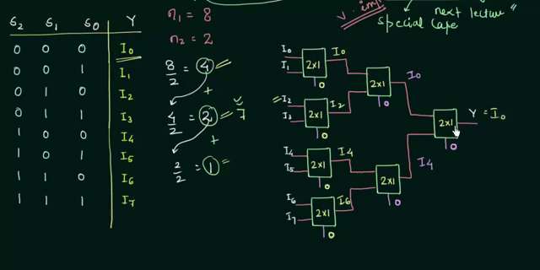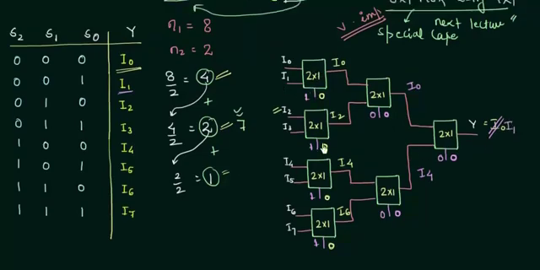In this way we will do the next case also. I1: to have I1 I am giving 1 here, all these will be 1, and again these two are 0. So here I am having I1. One thing you can see is that in these 4 mux the select line is acting as S0.